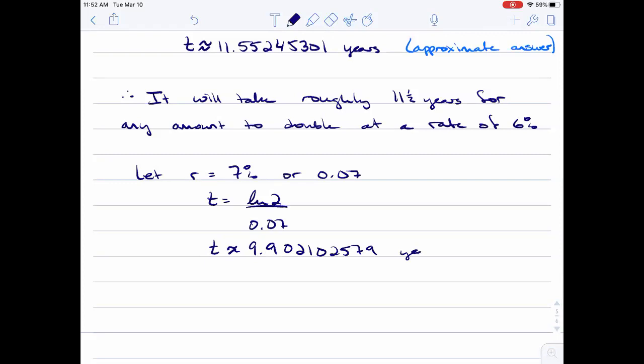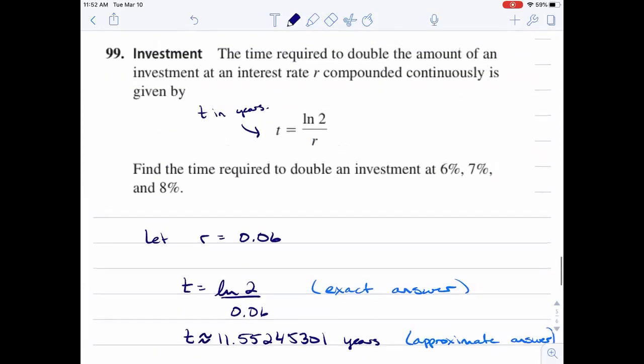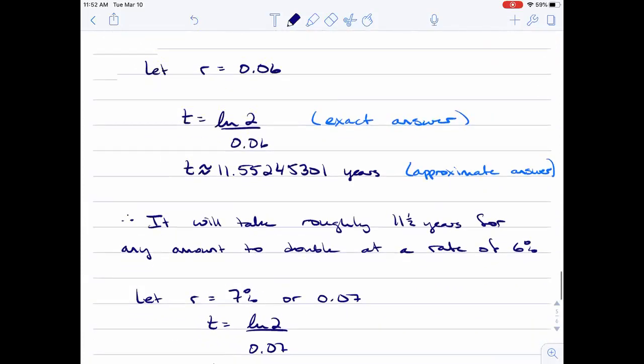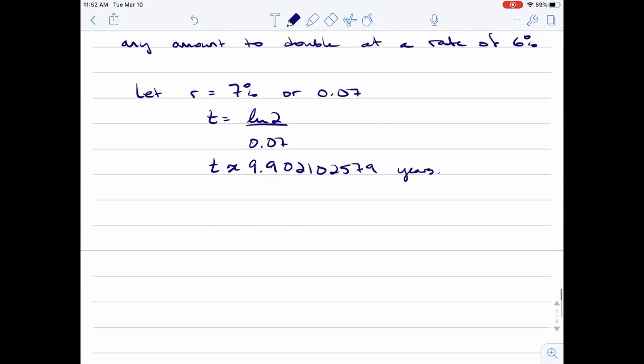9.902102579 years. Of course, usually it says to round to 2 decimal places or something like that, but it doesn't say. How about 8%? Squeeze it on the same page here. Let r be 8% or 0.08.